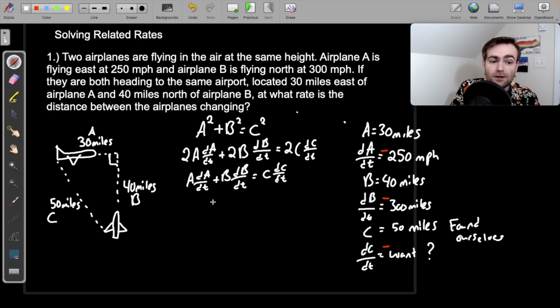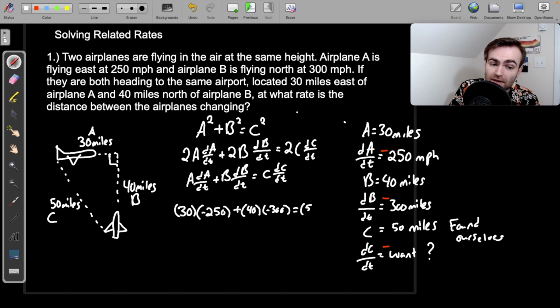Let's plug in some values, shall we? A is 30, dA dt is negative 250, plus B is 40 and dB dt is negative 300, and that equals C, which we found to be 50.